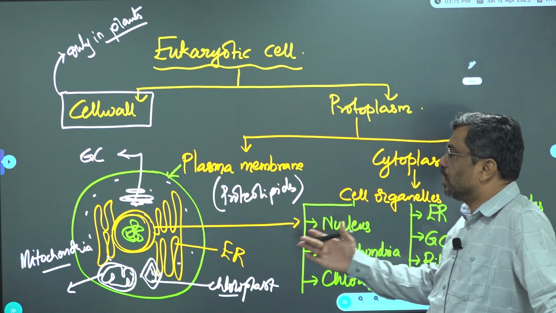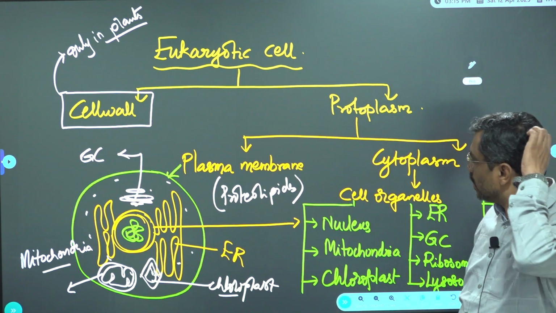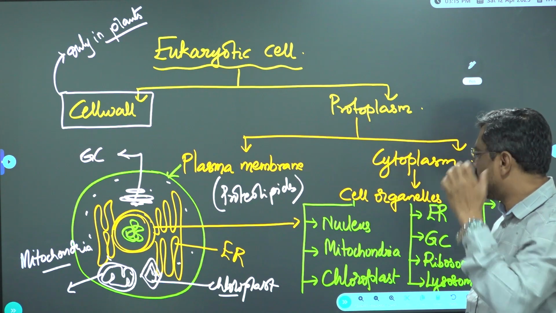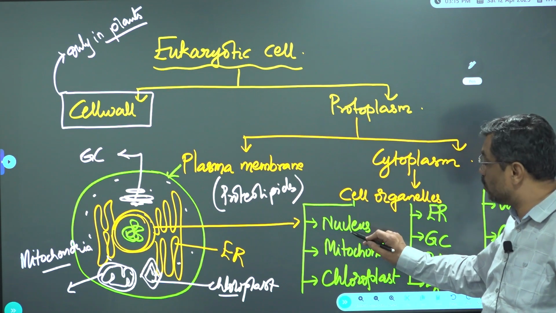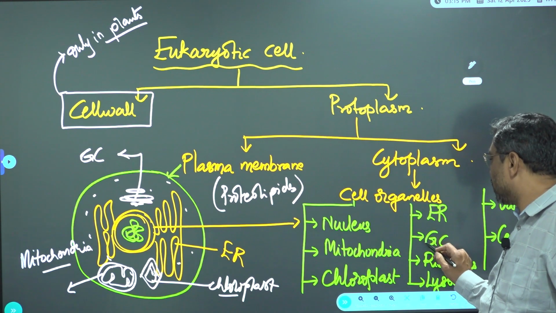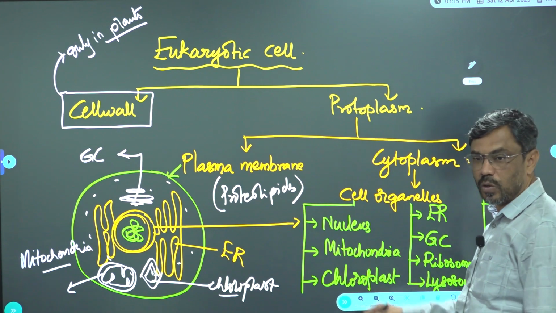Next, cytoplasm. The fluid present inside the cell is called cytoplasm. Right? First, I will complete these cell organelles, then I will proceed to the nucleus. Okay. So, mitochondria, chloroplast, endoplasmic reticulum, Golgi complex, ribosomes, lysosomes, vacuoles, and centriole. Let us see mitochondria first.